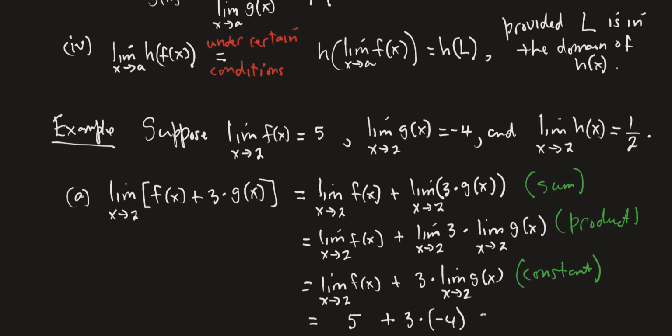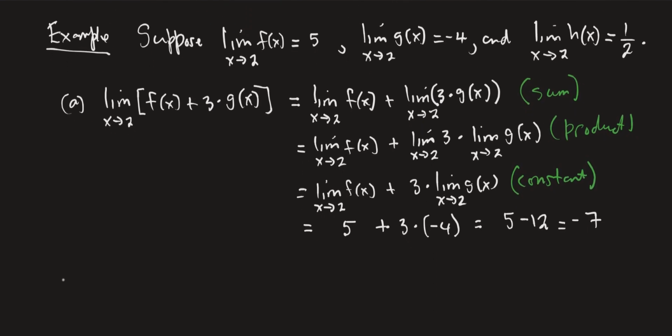Right? And then to get our final answer, we evaluate this expression. So we end up having 5 minus 12, which is -7, right? So this function, f of x plus 3 times g of x, we don't know a lot about it. All we can say is that as x approaches 2, that function approaches -7. And again, it's because of these properties.